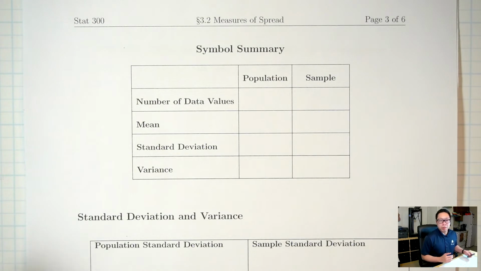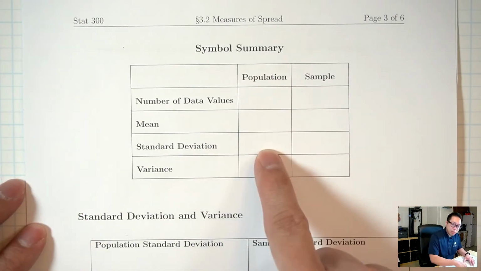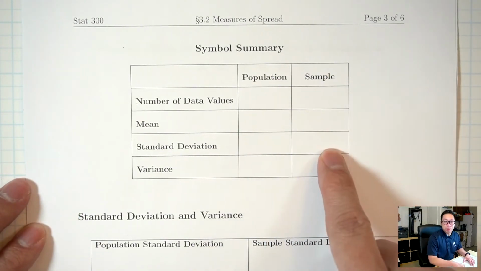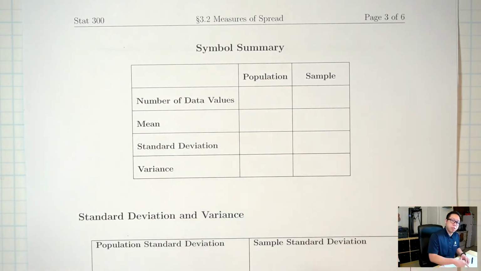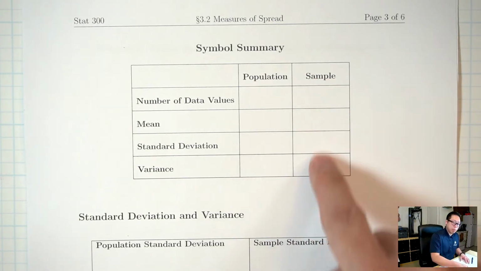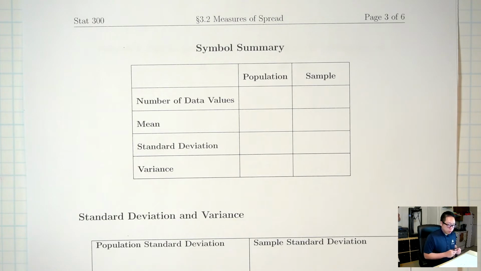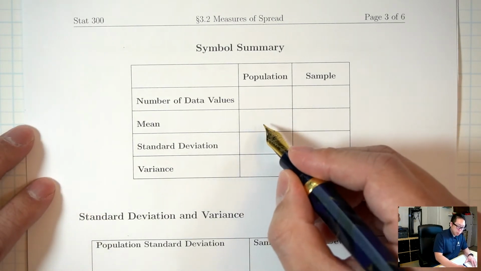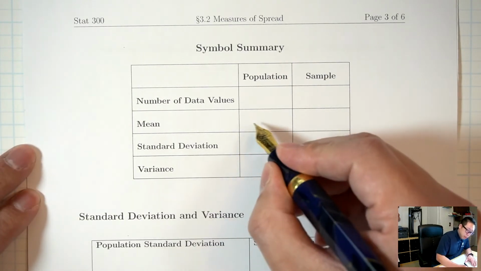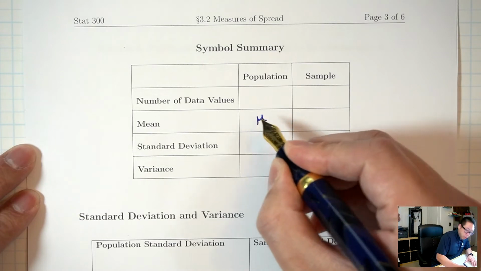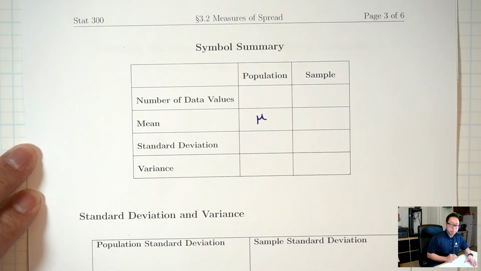For everything we talk about in this class, there's usually a population version and a sample version, right? If you do the calculation on everybody in the population, it's going to be the population version. If you do the calculation on a smaller subcollection, it's called the sample version. Let me start off with the mean, since we talked about this already. If you calculate the mean using data from everybody in the population, the symbol is mu, the Greek letter mu.